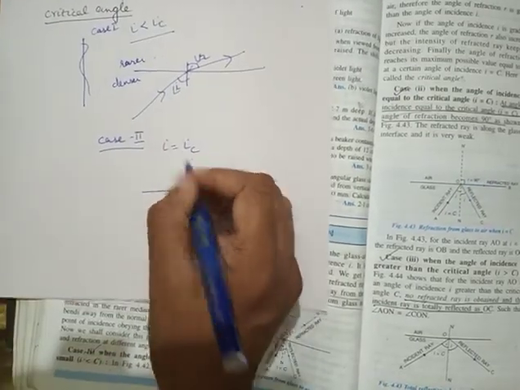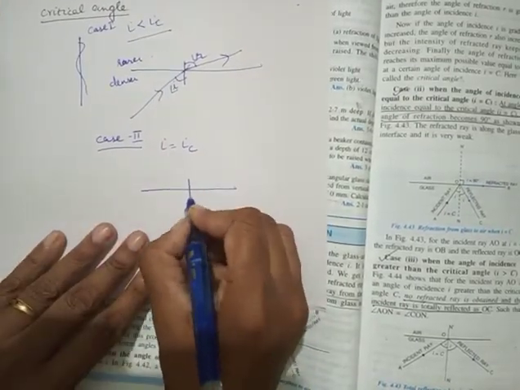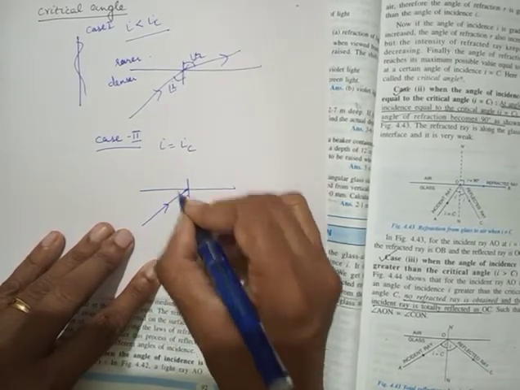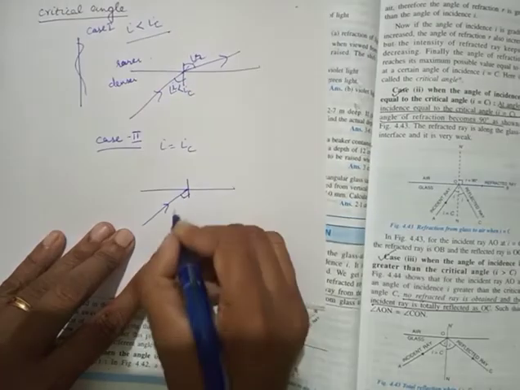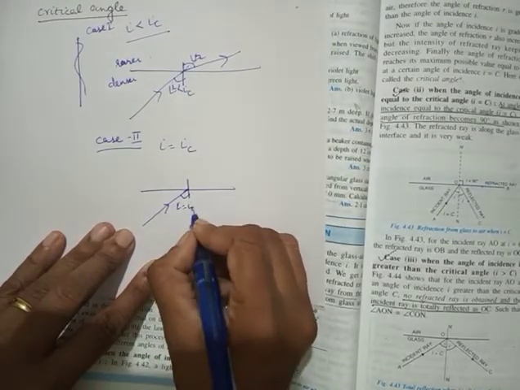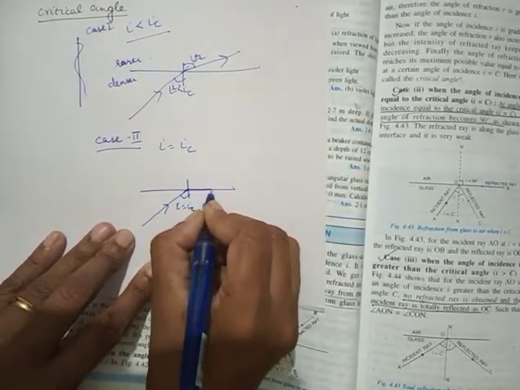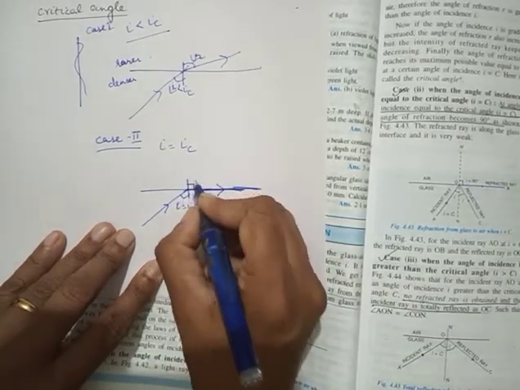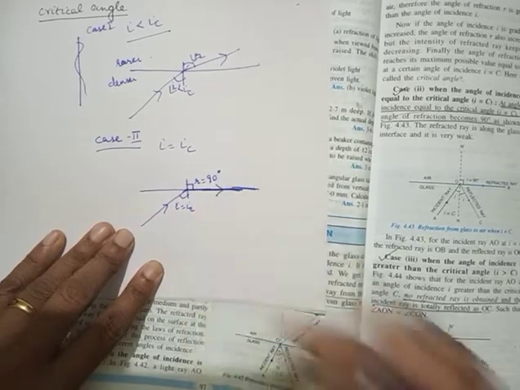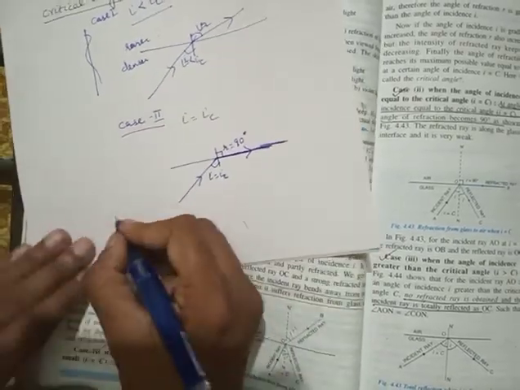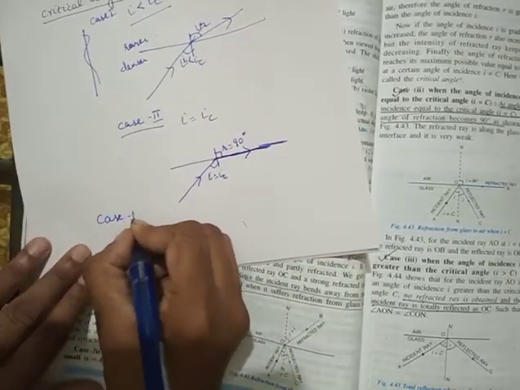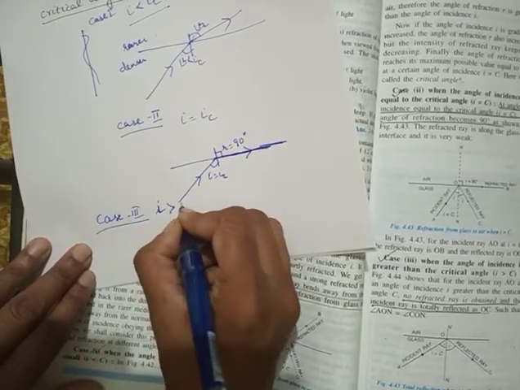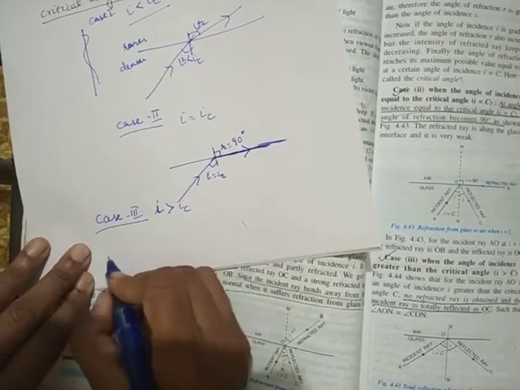Now case 2, I is equal to IC. If I is less than IC it bends away, but here I is equal to IC, so my refracted ray will go like this and my angle of refraction will be 90 degrees. Then case 3, angle I greater than IC.